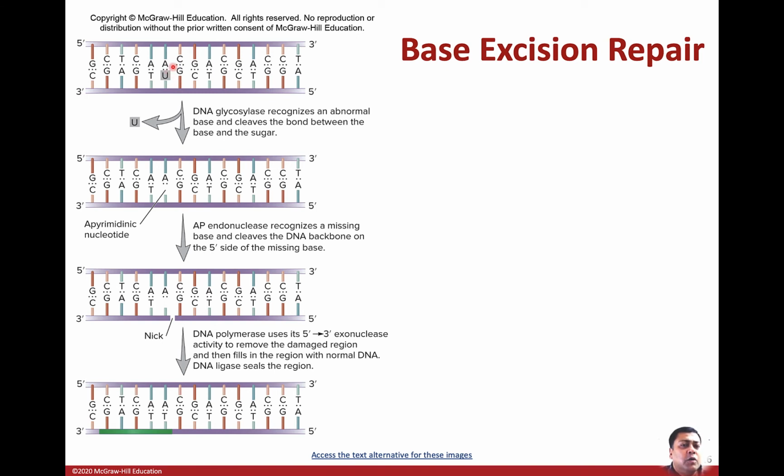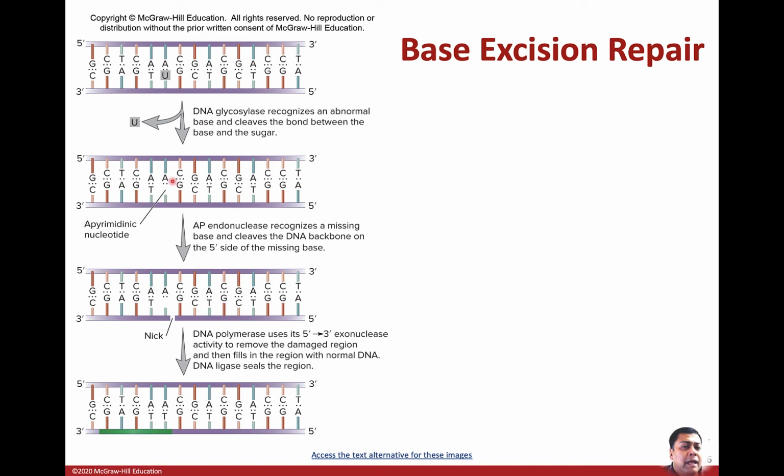Here you have a mismatch, an A-U base pair, and this is wrong. Uracil should not be in the DNA. It should be in the RNA. So you have a wrong mismatch here. The enzyme responsible for scanning and finding those is known as DNA glycosylase. DNA glycosylase recognizes the abnormal base and cleaves the bond between the base and the sugar.